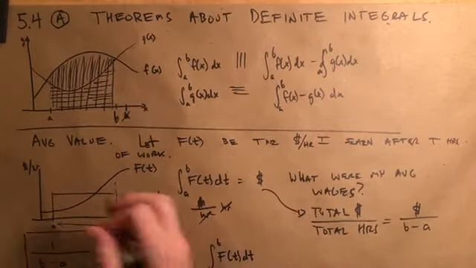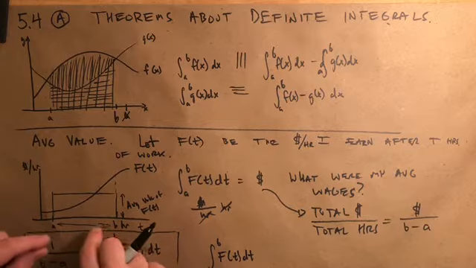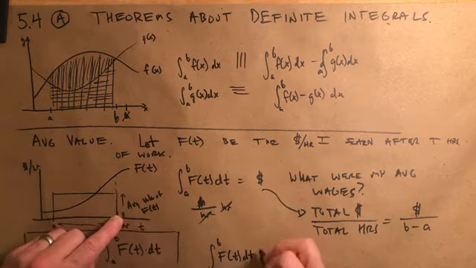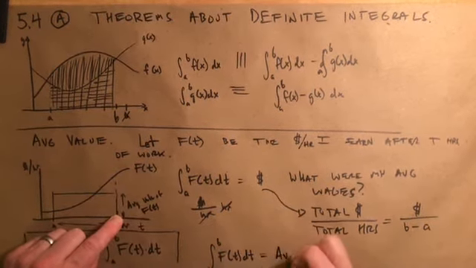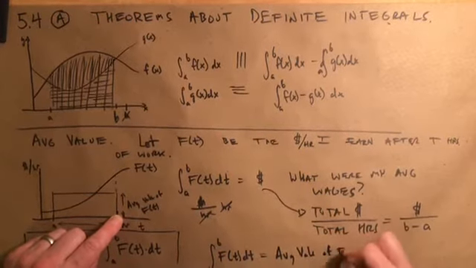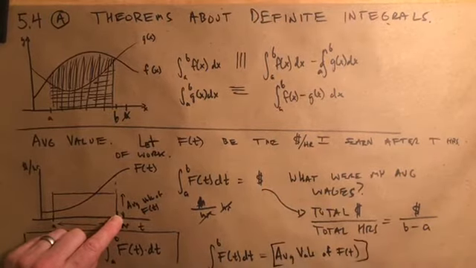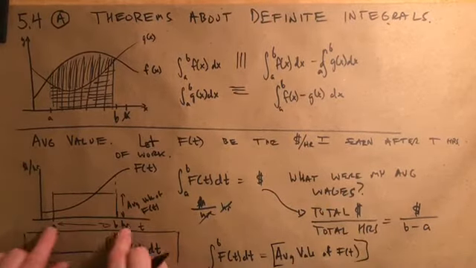What I could do is conceivably juggle the thing around, and I could get a rectangle. And that rectangle would look like the average value. I'm just going to call that the average value of f of t, and I would multiply that by b minus a.